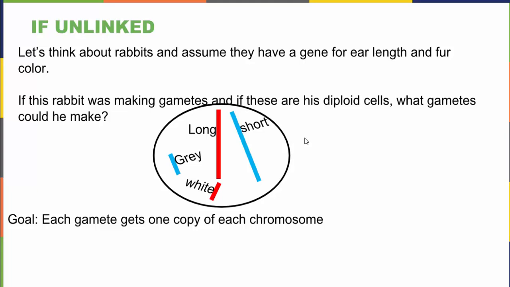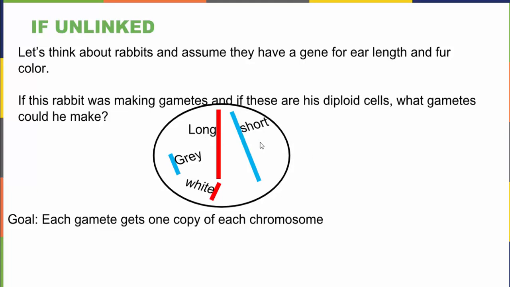So we're going to go through a little example here, using rabbits. Let's say that they have a gene for ear length and fur color, and we're going to assume unlinked, and then we'll talk about if they're linked. If we assume unlinked, and a rabbit was making gametes from these diploid cells, think about what gametes this rabbit could make. Remember, a gamete is haploid, and they get one copy of each chromosome.